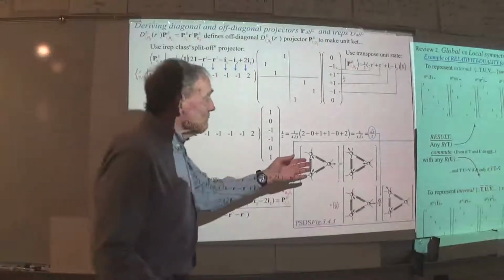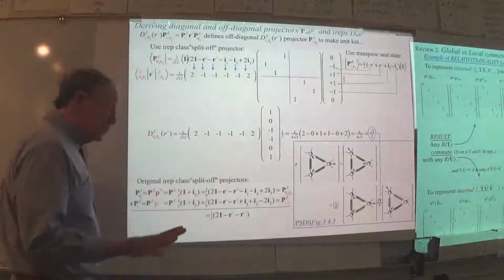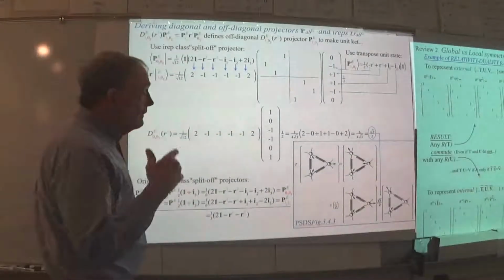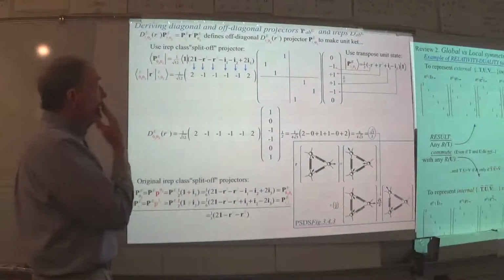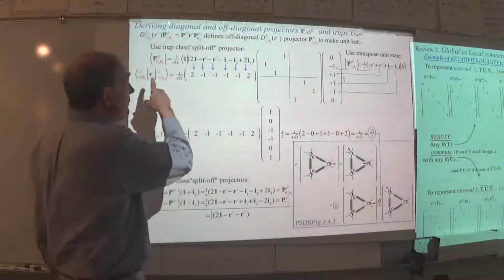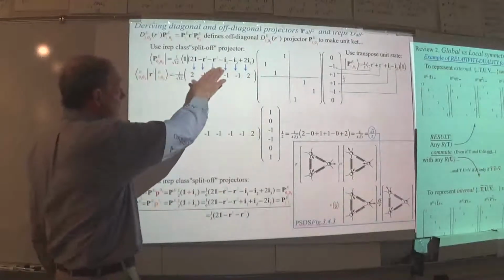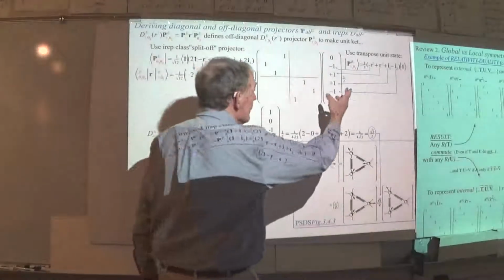In fact, those are the modes that we would be dealing with at the end of today and a good part of the next lecture. But in this case, what I'm doing here is just looking once again at the split-off projector here, and then the transpose here.